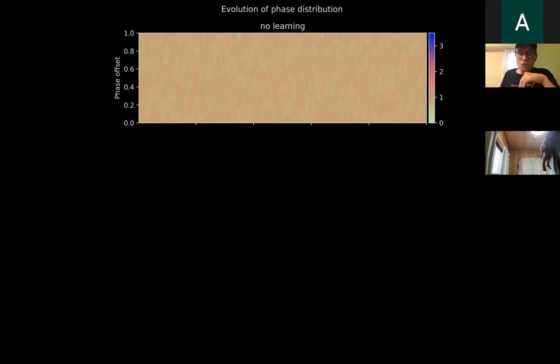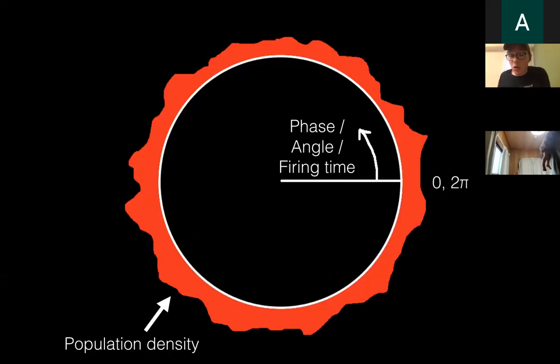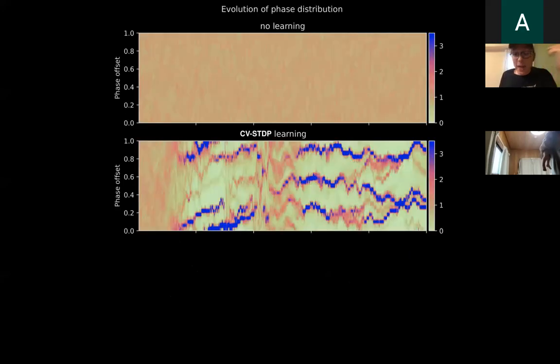So what happens in a network of these neurons, if we connect them together? If we just look at the phase distribution, that's like the timing within a bin, the firing time of each neuron. With no learning, there's no structure. So the distribution is kind of flat around the full range of firing times. When we add learning, we get the spontaneous emergence of these clusters or clumps of firing times.